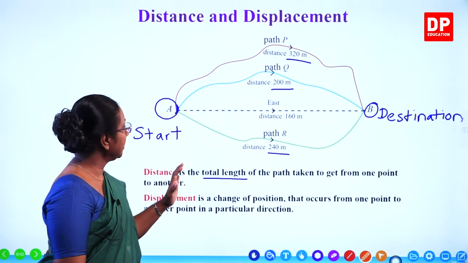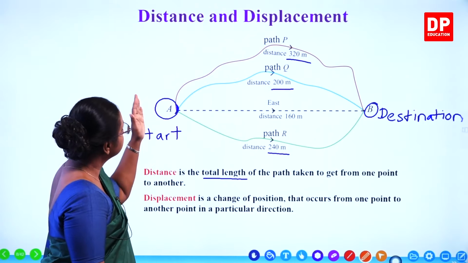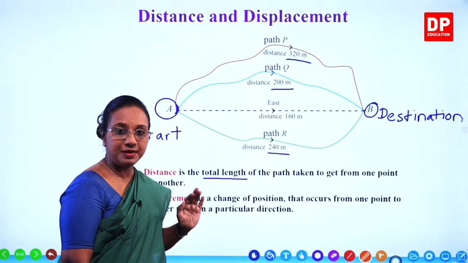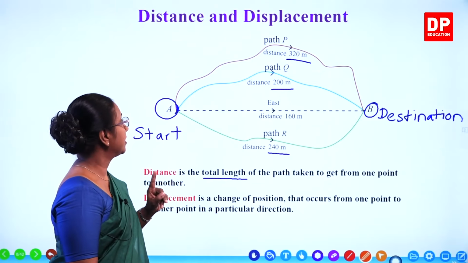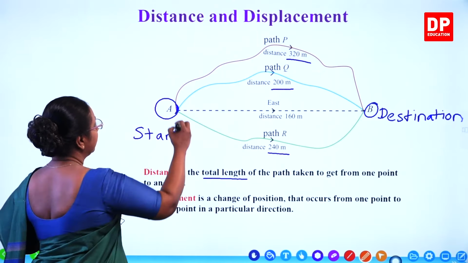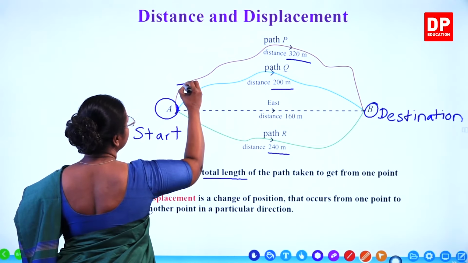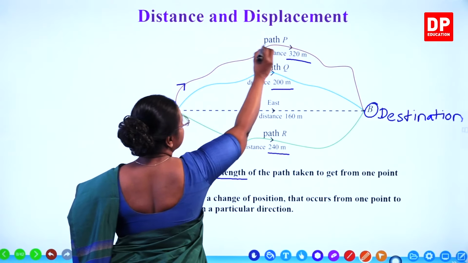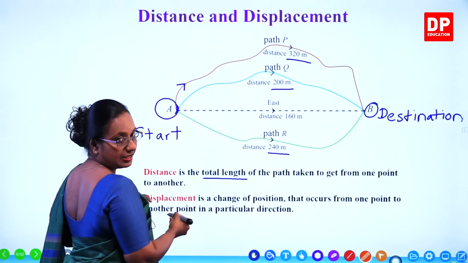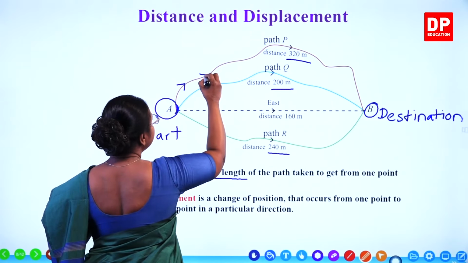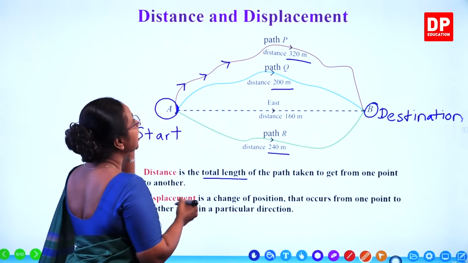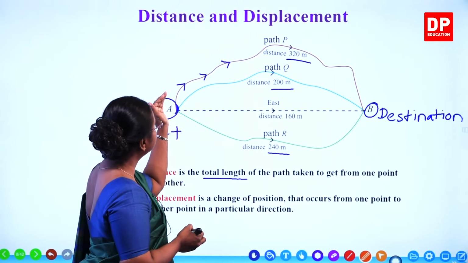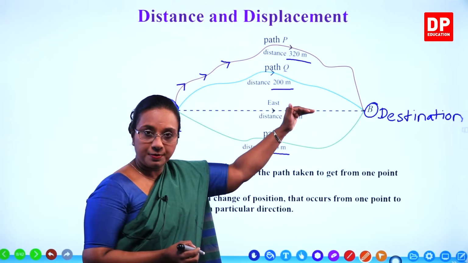Now, if you see, all the paths start from point A and end up at point B. But the only difference is in path P, you can see the first move is towards this side. And it goes in a certain design, right, where the direction of the path changes. So we will not be considering the direction for this path.